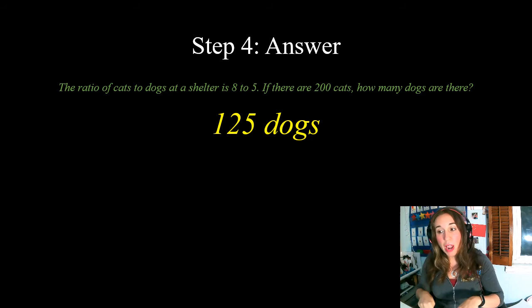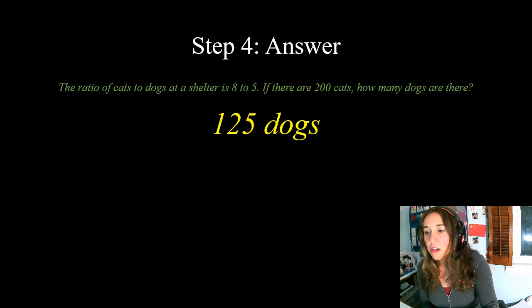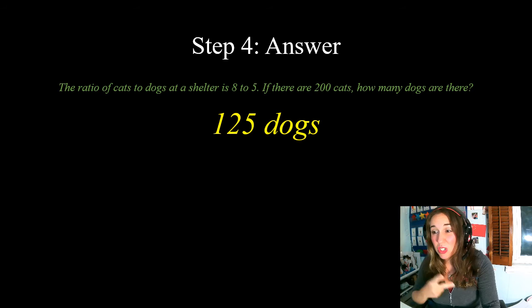So this step is very important. You want to make sure you take the time to think about it and interpret your answer, because if you had accidentally swapped one of your fractions, one of your ratios, it would have been completely unreasonable, and you would have realized that here and gone back and fixed that mistake.